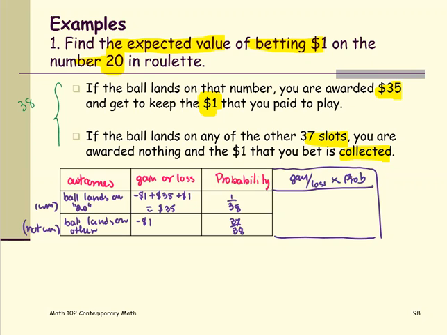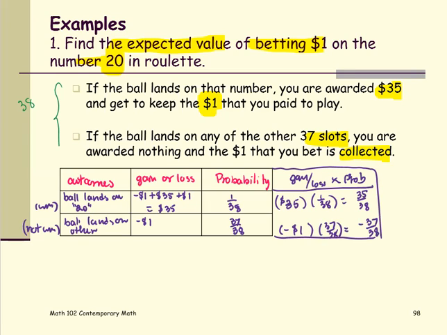For the outcome of winning the game, it's $35, the gain, so positive, multiplied by 1 over 38, and it comes out to be 35 over 38. In the case that the person doesn't win, the loss is negative $1 multiplied by 37 over 38, and the product is negative 37 over 38.